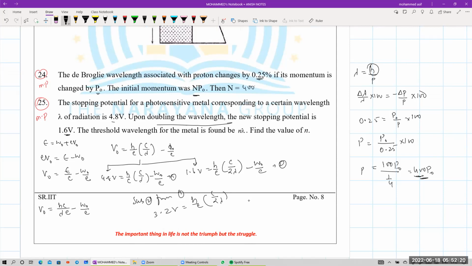Substitute this value in this one. So it is 1.6 volt is equal to 3.2 volt minus work function divided by e. The work function divided by e value will be equal to 3.2 minus 1.6, which is 1.6 volt.